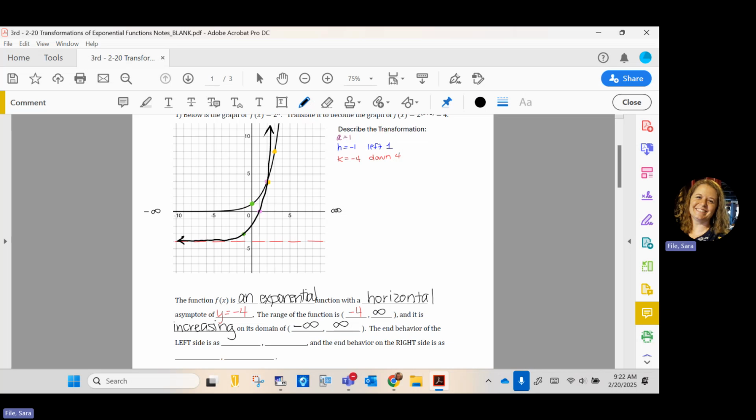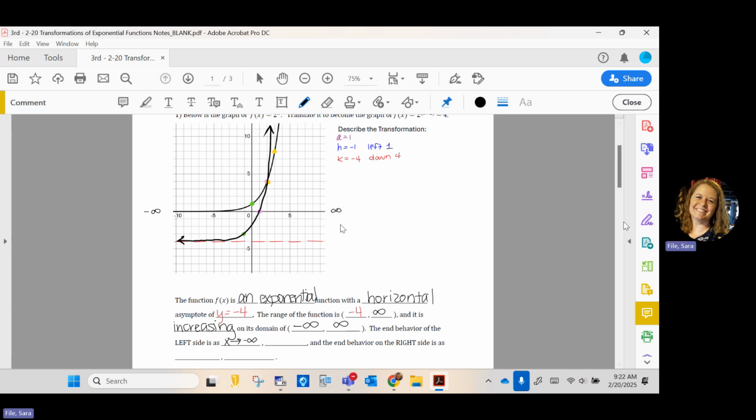Do y'all agree with that? That's the domain we just gave. So the way that we write end behavior always starts with x approaches. And the symbol for that is x and then an arrow. So left means that x is approaching negative infinity.